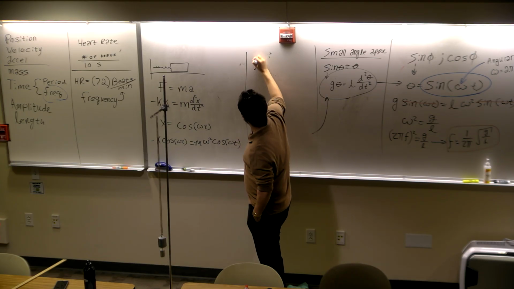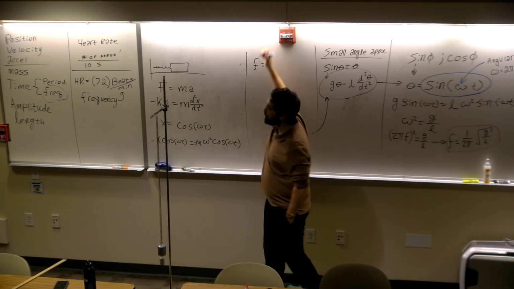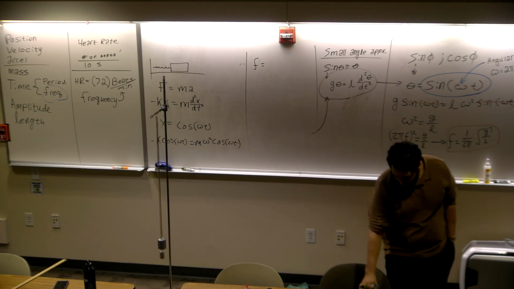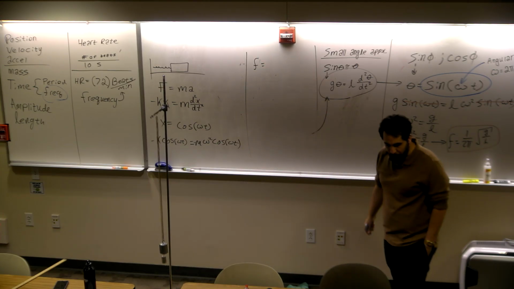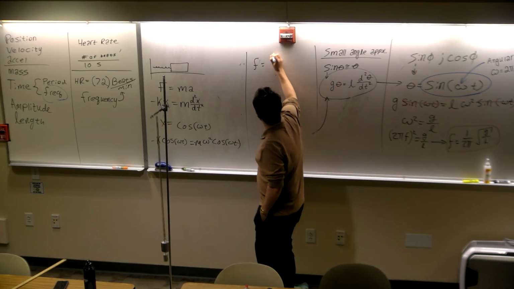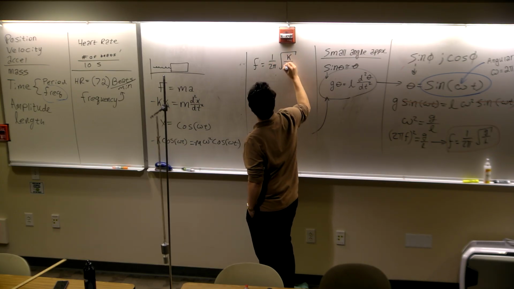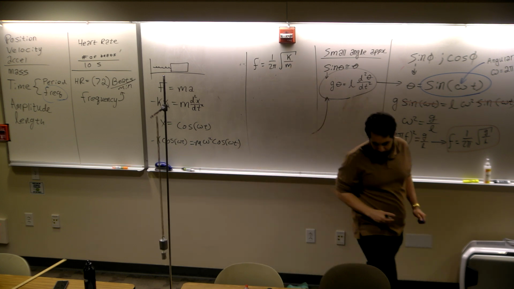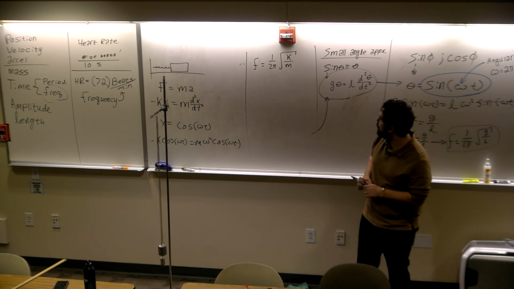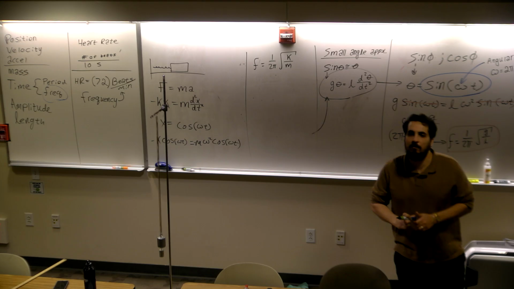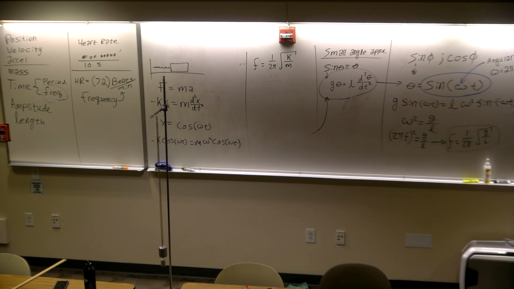You can find that the frequency of oscillation for a spring and mass setup is going to be 1 over 2 pi times the square root of k over m. This is the frequency for spring and mass, behaving, again, very similar to the frequency for a pendulum.